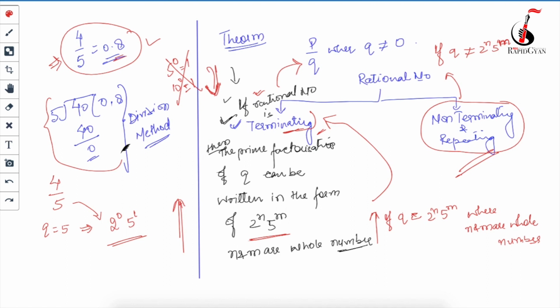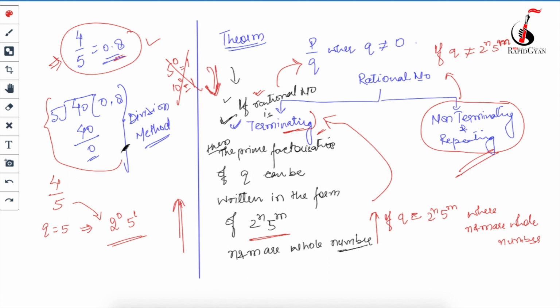Before going on to that topic, please remember that we can only find the value of terminating decimals without the division method. For non-terminating and repeating decimals, we will again have to go for the division method only.